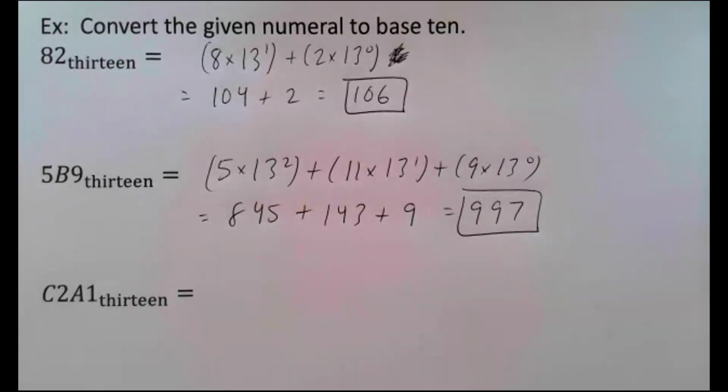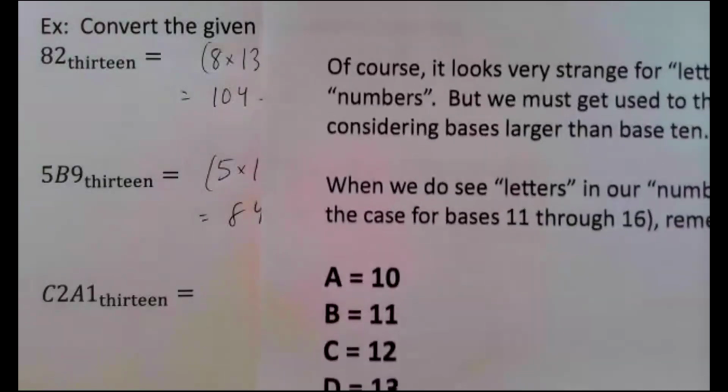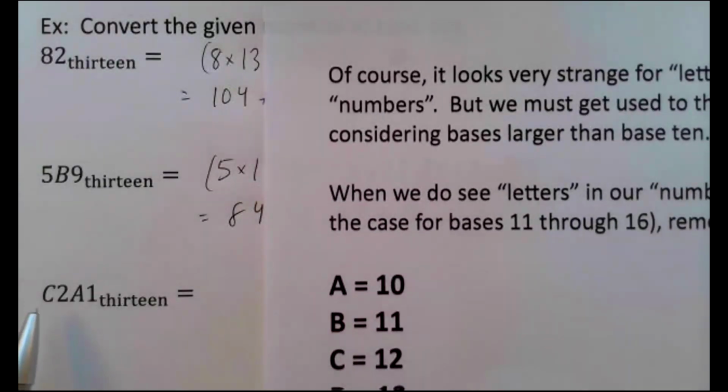All right. This next one has a couple of letters in it. So when you see the C, we're going to make it be 12. When you see the A, we're going to make it equal to 10.